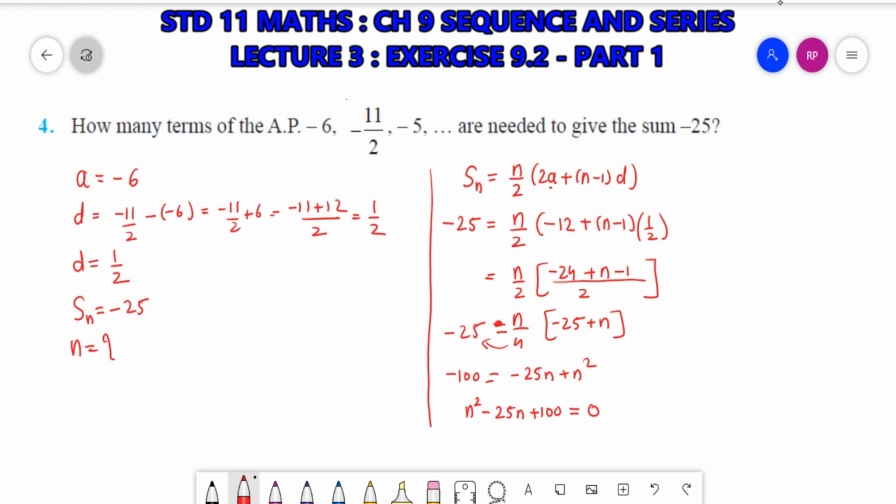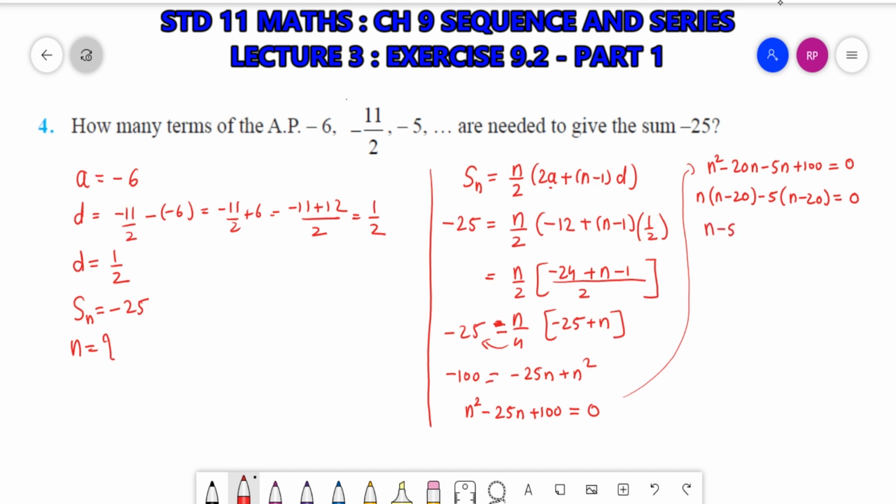So now I need to factorize it. So 25, 20 into 5, that will be equal to 100. So n square minus 20n minus 5n plus 100 equal to 0. n common, n minus 20, minus 5 common, n minus 20 equal to 0.